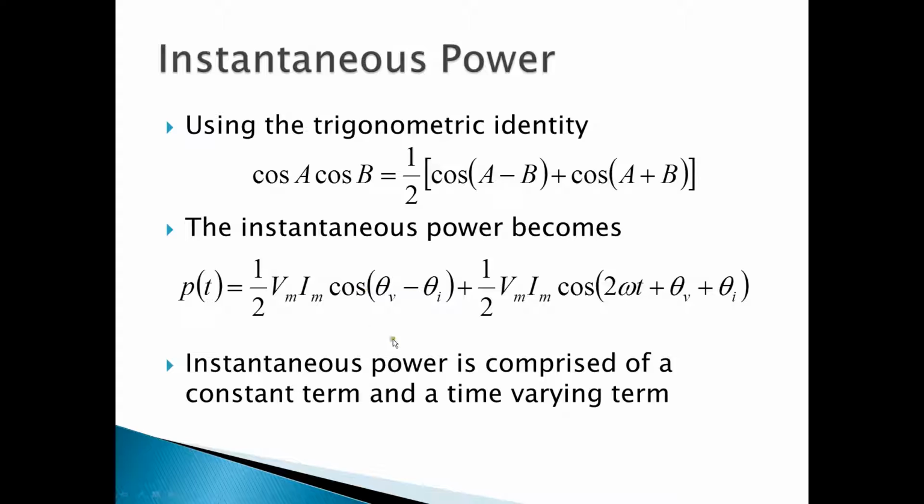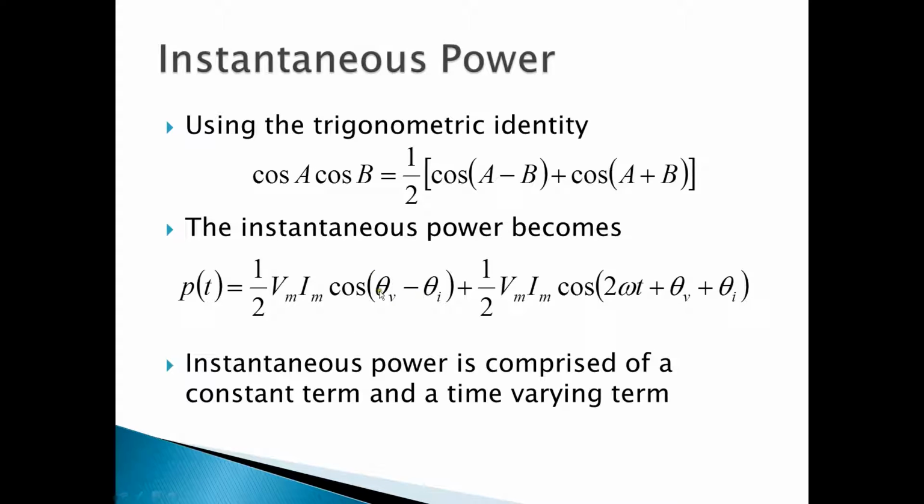We get one term, which is a constant term that does not depend upon time. So here we have the maximum voltage and the maximum current multiplied by 1/2 times the cosine of the phase angle difference between the voltage and the current through the element. This one does not have any time dependence on it, so this is just a constant with time.